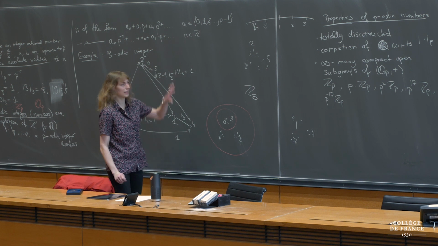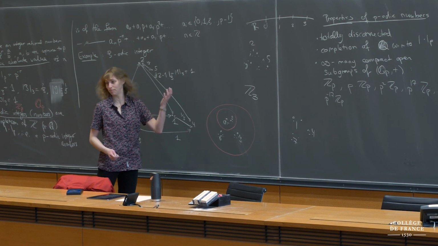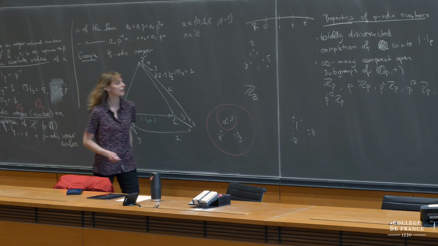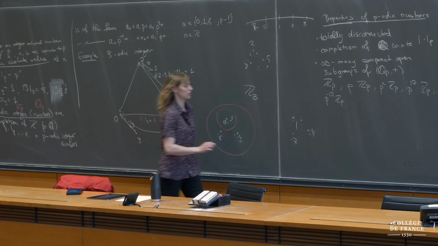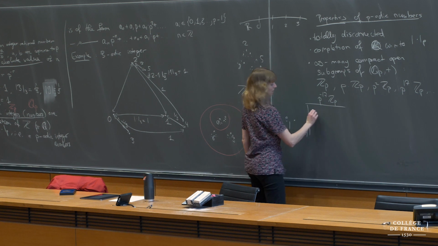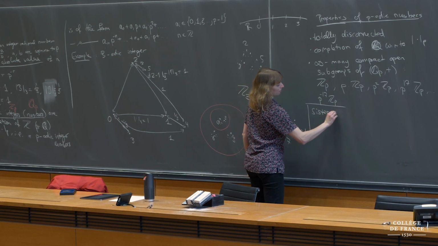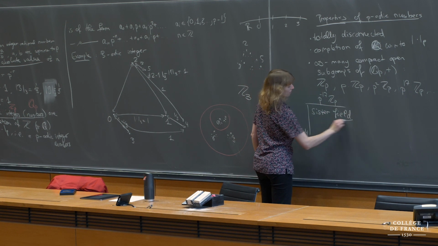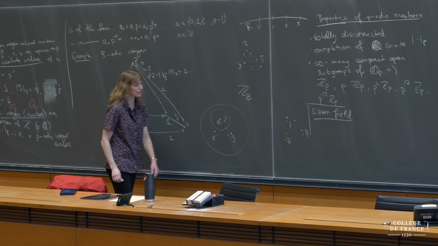All right, so that's the p-adic numbers. That's the p-adic in p-adic groups. There is a closely related field, which is, let me call it a sister field, or brother field. What is the sister field?